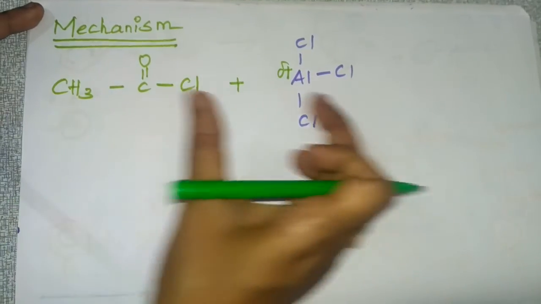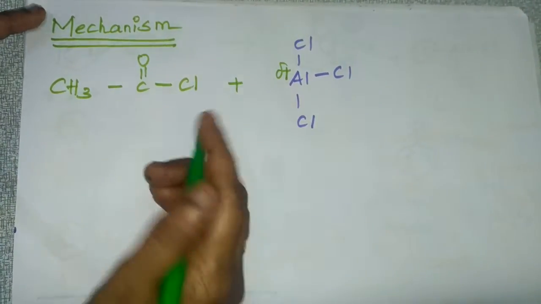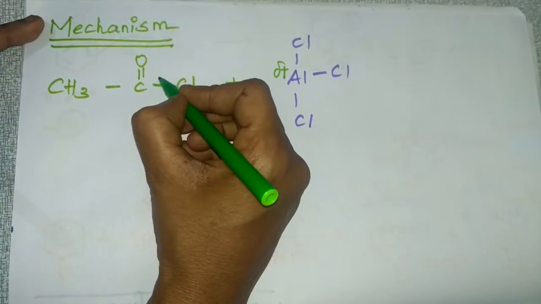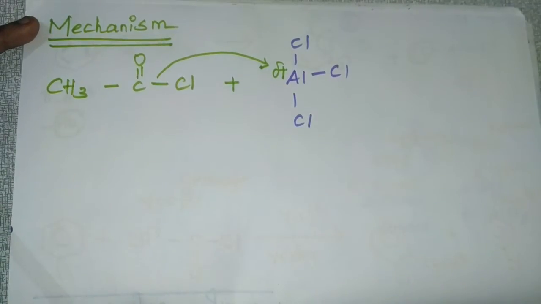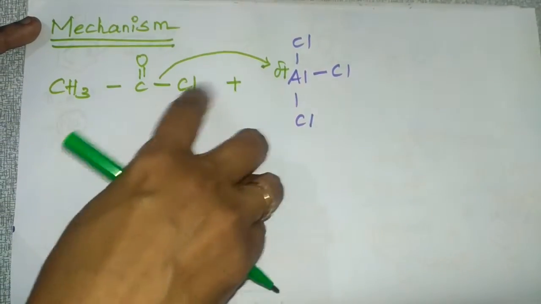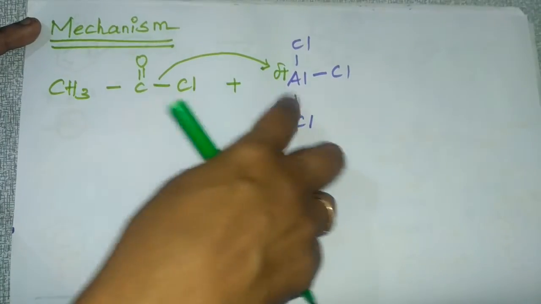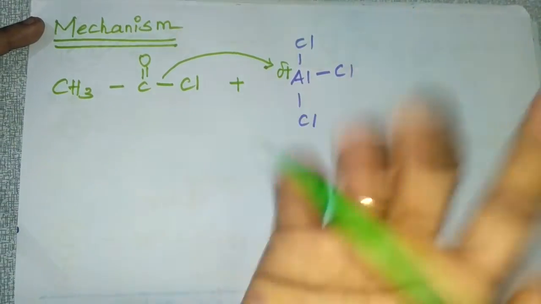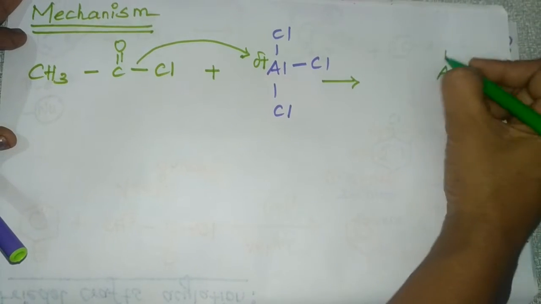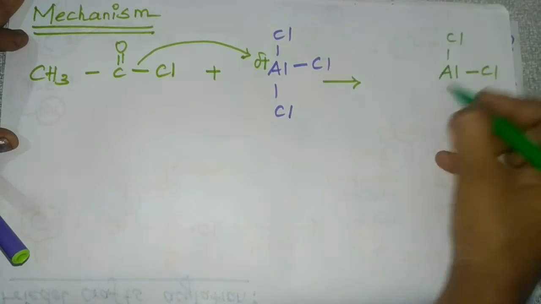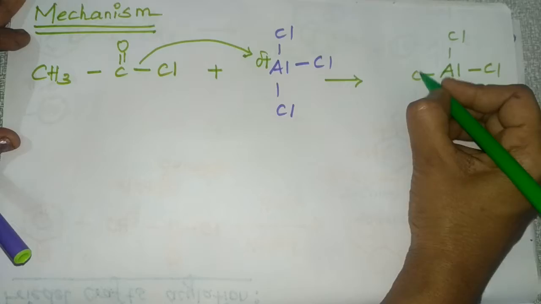So when you are adding acetyl chloride to this, what happens? This will attack the electrons. Here the electrons will attack this positively charged aluminum. And what will be the product formed? It will be AlCl4.